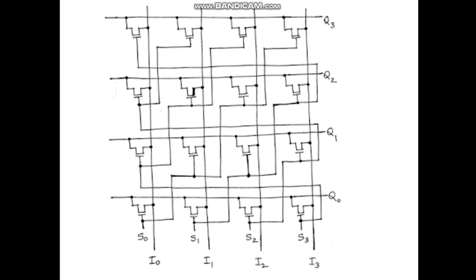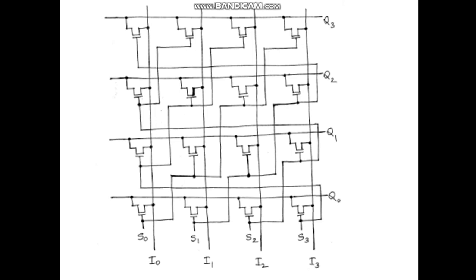When switch S1 is enabled, 4 pass transistors will be turned on, and Q0, Q1, Q2, Q3 will be I1, I2, I3, I0 respectively. Similarly, if you want 2 bits to be shifted, then S2 should be turned on. Then Q0, Q1, Q2, Q3 will be I2, I3, I0, I1.